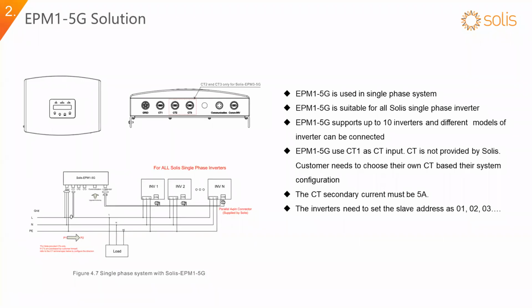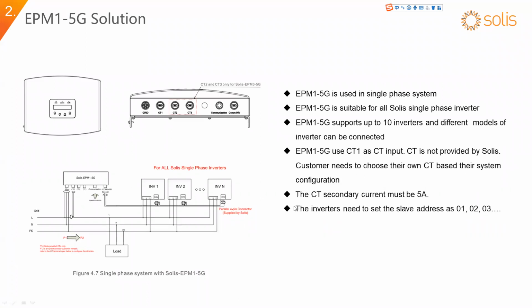So customers choose their own CT based on their system configuration. That is what we recommend. And then, when customers choose the CT by themselves, they need to make sure that the CT secondary current is 5 amp.